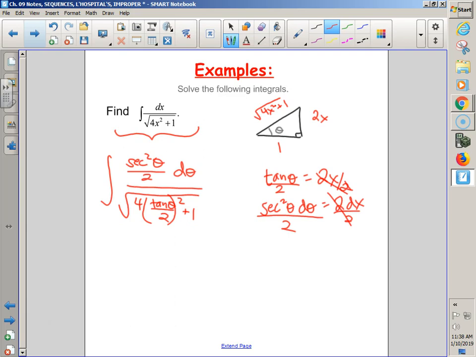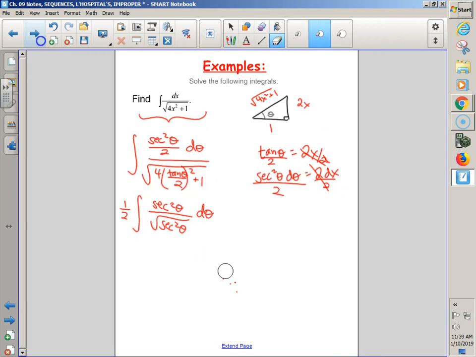Well, maybe it's not, because wouldn't you end up pulling out the 1/2? I'd end up with secant squared theta all over, the 4 ends up canceling with the 4. Tangent squared theta plus 1 is secant squared. Is this an integral that I can solve? Yeah, because who's the square root of secant squared? Secant. What's secant squared over secant? Secant.